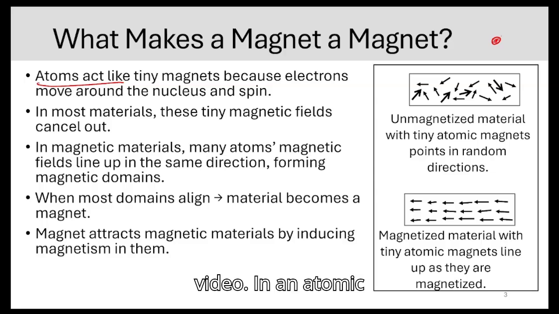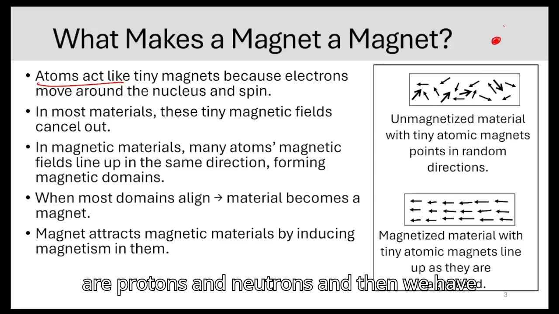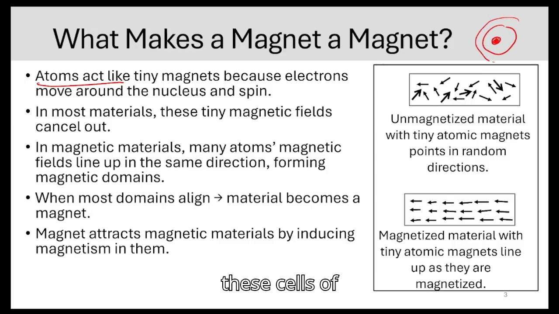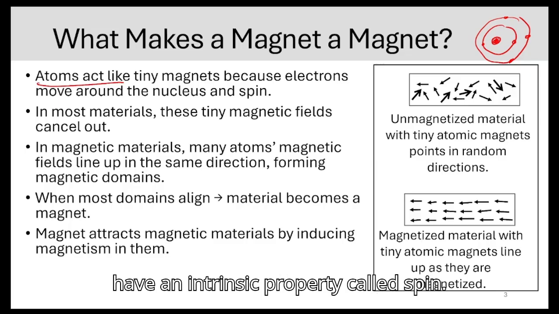In an atomic structure, we have a nucleus where there are protons and neutrons, and then we have shells of electrons orbiting around the nucleus. These electrons moving around the nucleus also have an intrinsic property called spin.